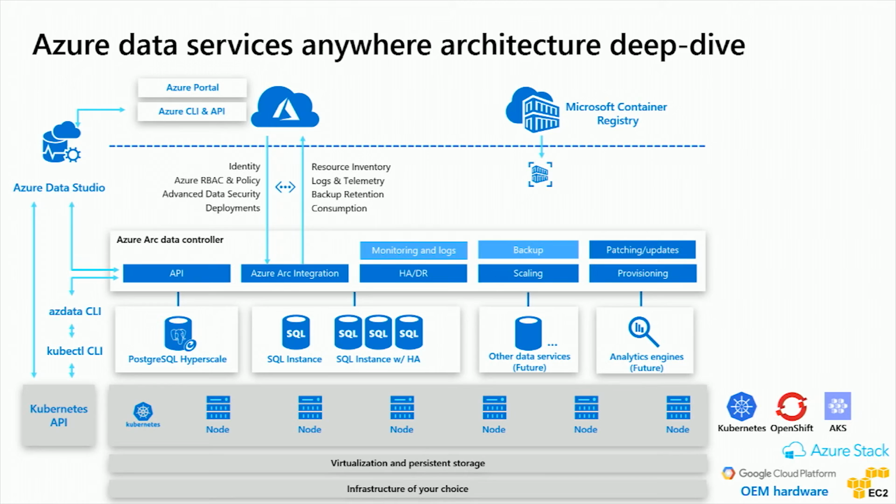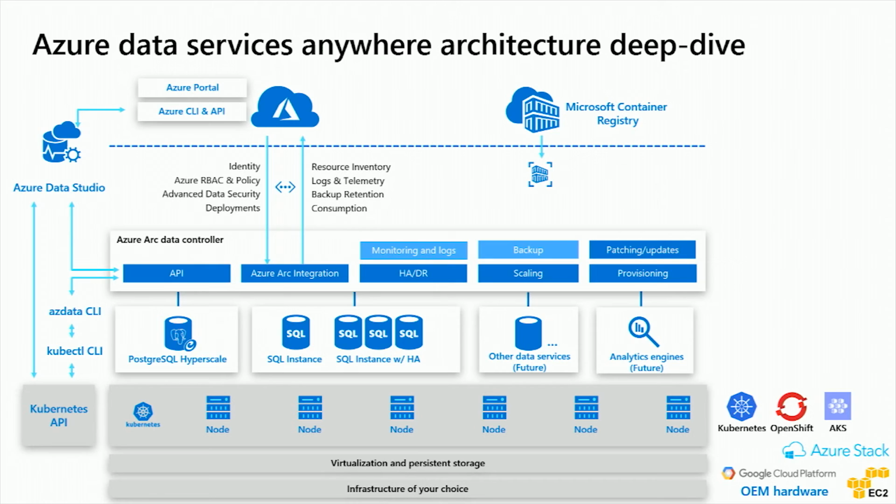And that Kubernetes could be one that you're managing yourself as part of your company or wherever, or you could be using Azure Kubernetes Service, or you could be using any of the, whether it's GCP or Amazon, any Kubernetes service. That's basically what you need. And then the other thing that you need, which again comes with it, is a layer of persistent storage that Kubernetes will have access to and will be able to store that data.